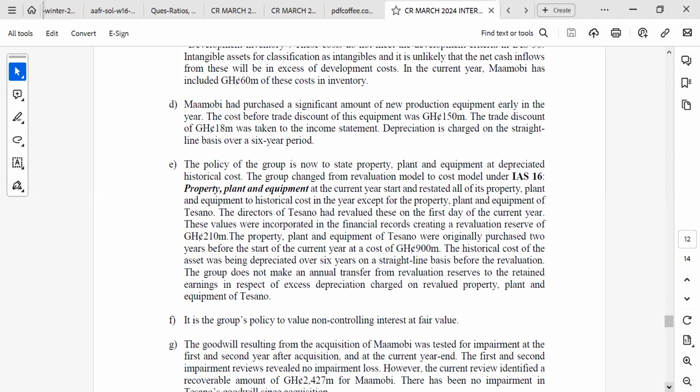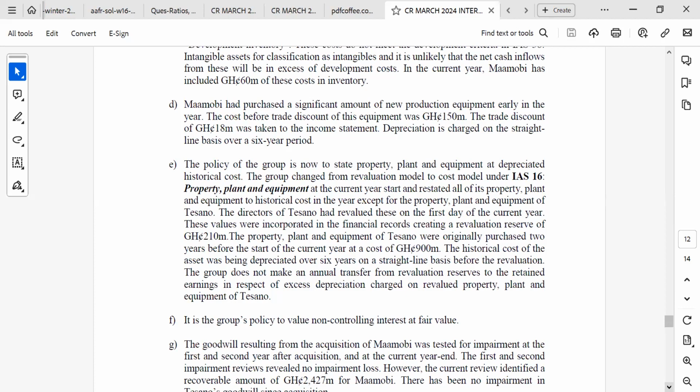The policy of the group is now to state property, plant, and equipment at depreciated historical cost. The group changed from the revaluation model to the cost model under IAS 16 property, plant, and equipment at the current year start and restated all of its property, plant, and equipment to historical cost in the year, except for the property, plant, and equipment of Tesano. The directors of Tesano had revalued these on the first day of the current year.